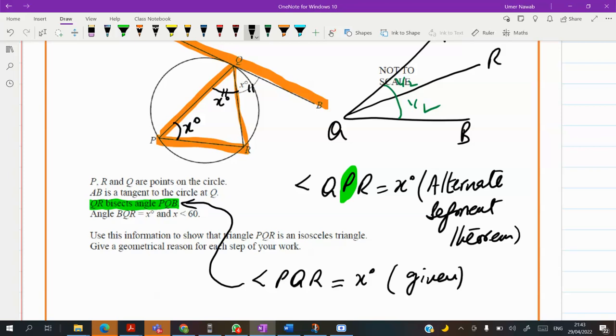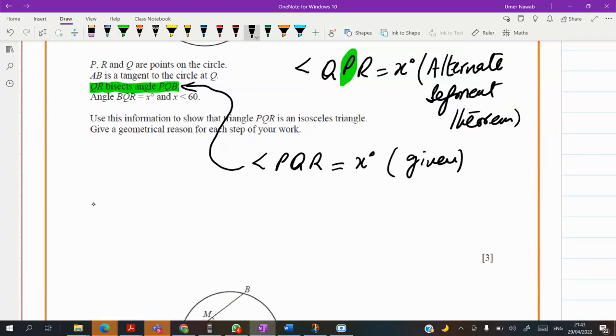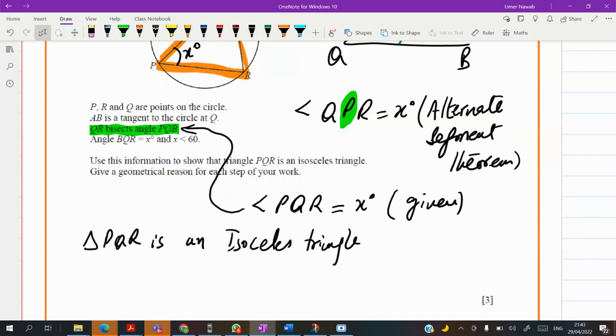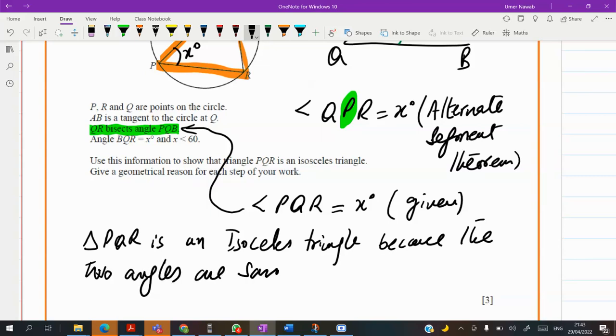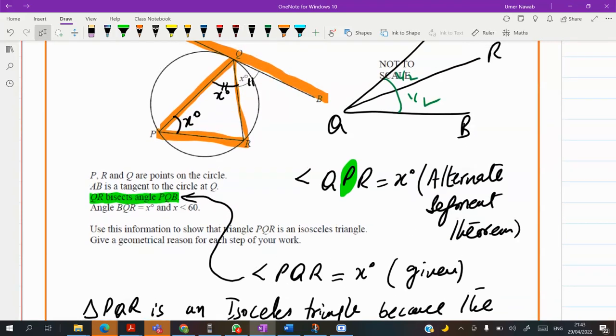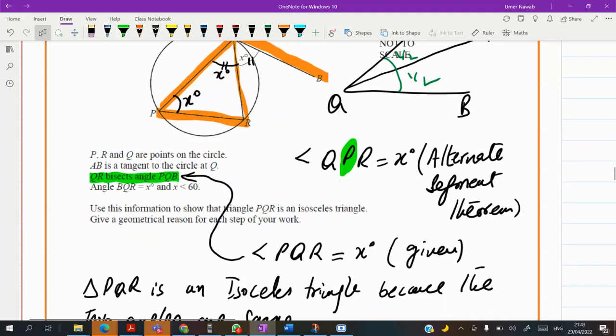If in a triangle two angles are the same, then that triangle is isosceles. So which triangle? PQR is an isosceles triangle. What is the reason? Because the two angles are the same, and x is less than 60 degrees.